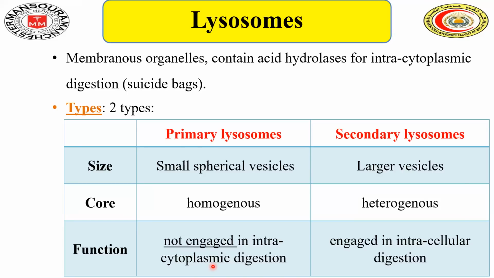If primary lysosome ingests a molecule and starts the function of intracytoplasmic digestion, at that time we will call it secondary type. So this is the cause of that I mentioned that these are two stages. So primary will give secondary one if it starts or engaged in intracytoplasmic digestion. This is regarding the difference between the two types of lysosomes.